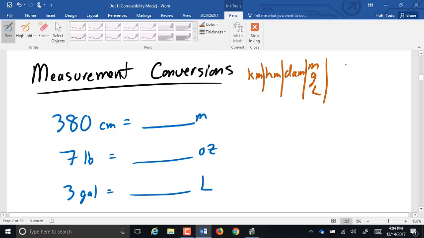Going smaller units, it is decimeters, decigrams, deciliters, centimeters, centigrams, centiliters, and millimeters, milligrams, and milliliters. So to convert from centimeters to meters is 2 spots to the left on the chart. Our decimal point moves 2 spots to the left. That's 3.8 meters.